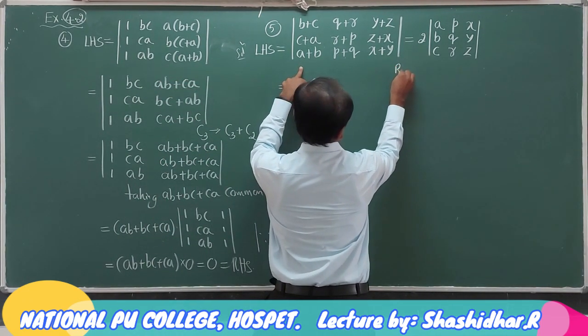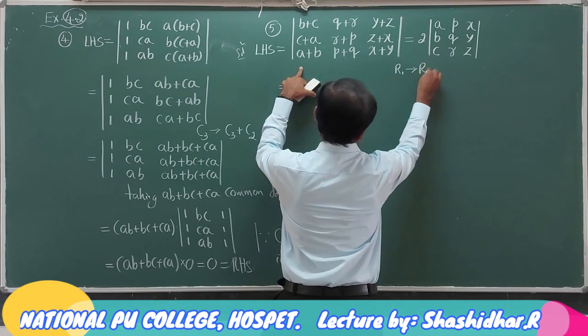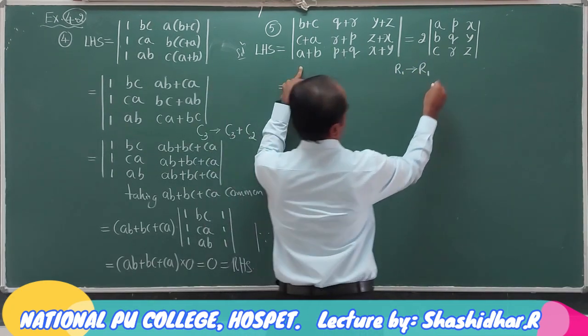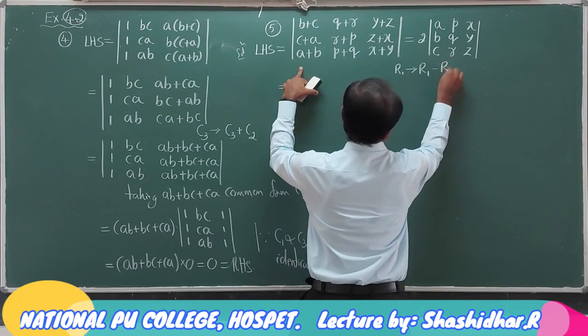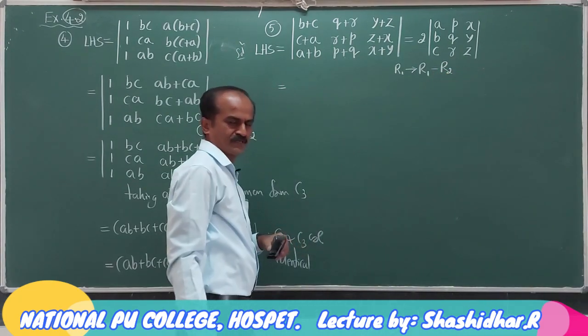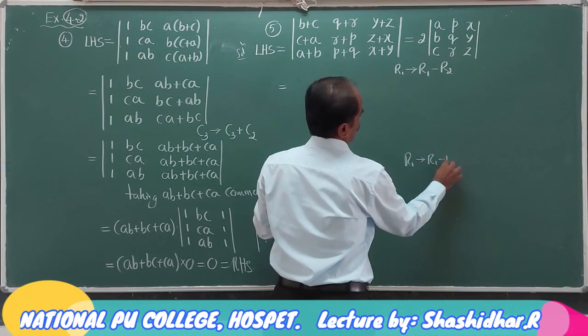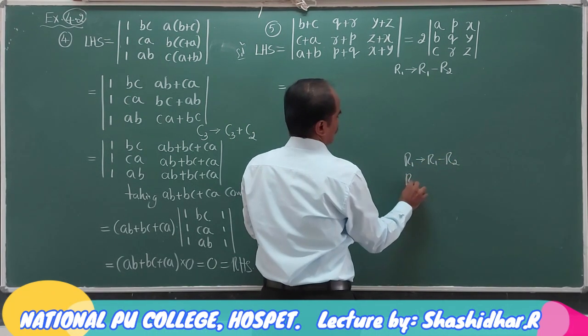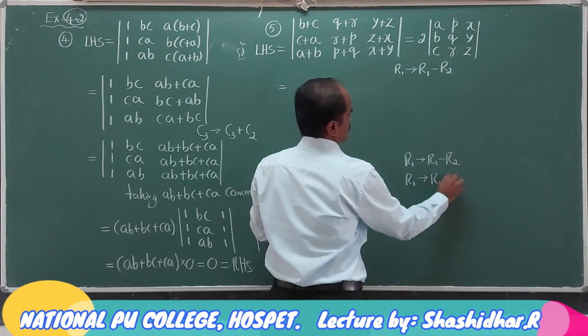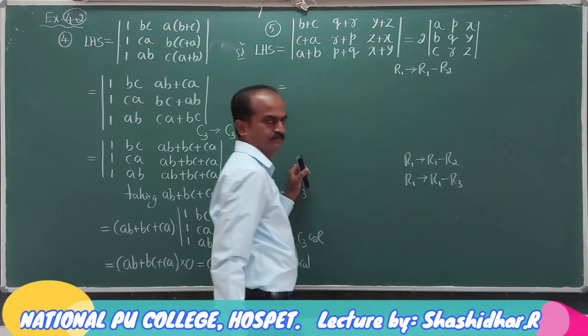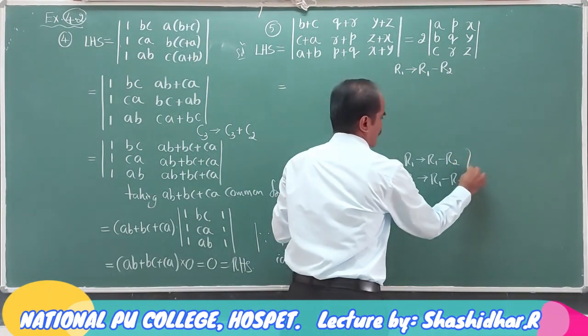I write R1 changes to R1 minus R2. First, R1 changes to R1 minus R2. Then I write again R1 changes to R1 minus R3. How I can combine these two?